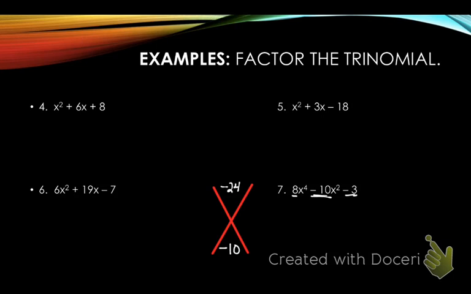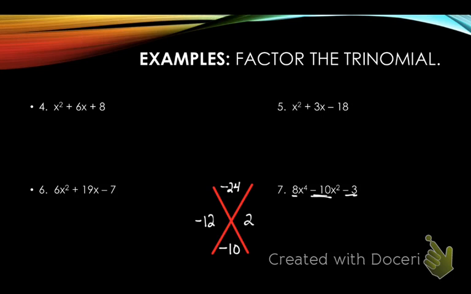Okay, 4 and 6 works, but what's the problem? That doesn't work, right? Why doesn't 4 and 6 work? Because there's no way to factor out of 4 and 6. There's no 4 and 6 in there. Okay. Negative 12 and positive 2.